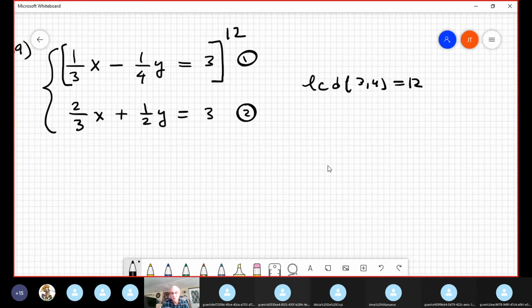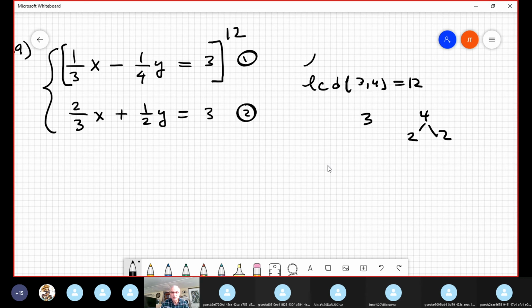Okay, look. 3 is a prime number, and 4 is not. 4 is 2 times 2. This is the idea, right? Now, to select the least common denominator, you take all the factors. Only when you have repetition, you omit something. But in this case, no repetition, because 3, 2, 2. So you take everything. 2 times 2 is 4, and 4 times 3 is 12.